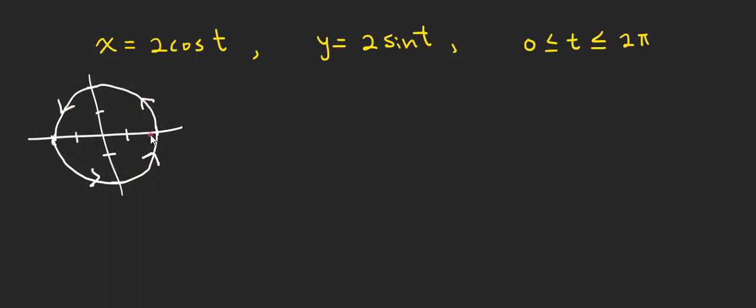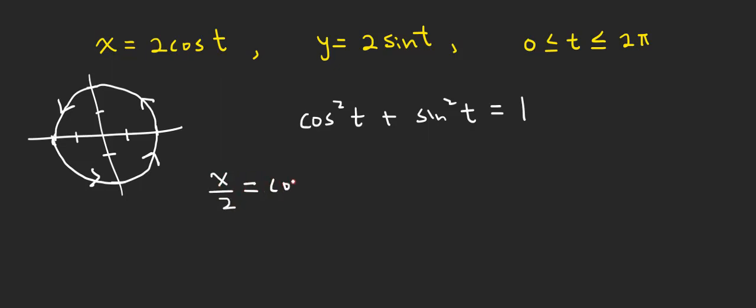And let's see why this became a circle. Let's go back to trig. You know that cosine squared t plus sine squared t is going to be 1 from trig. So using x equals 2 cosine t, you know that x over 2 will be equal to cosine t, and sine t will be y over 2.